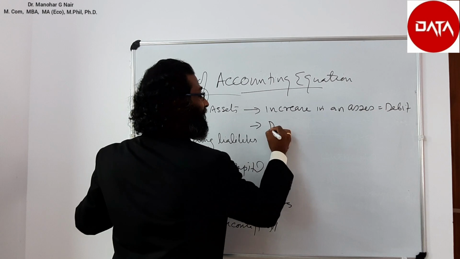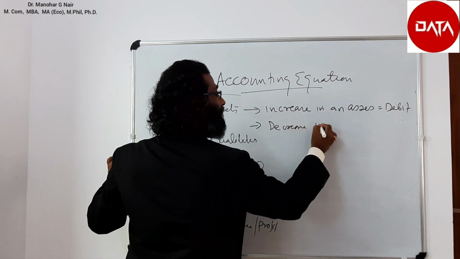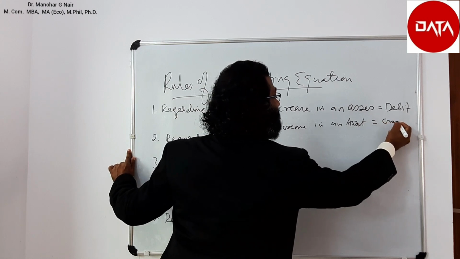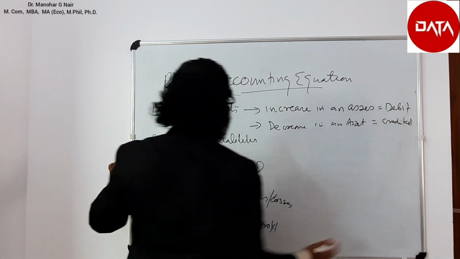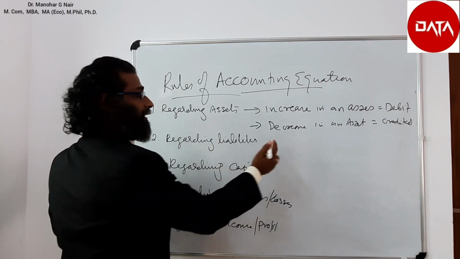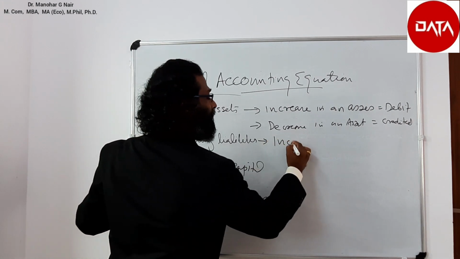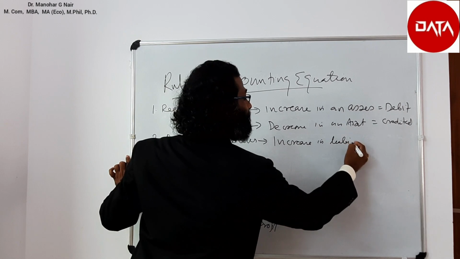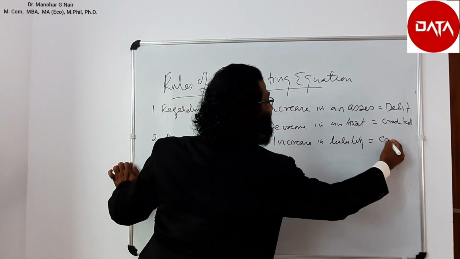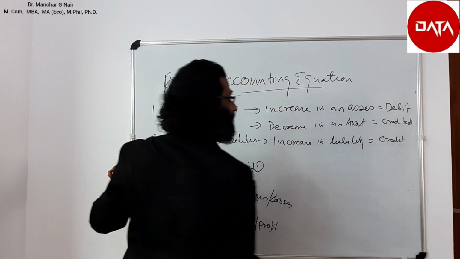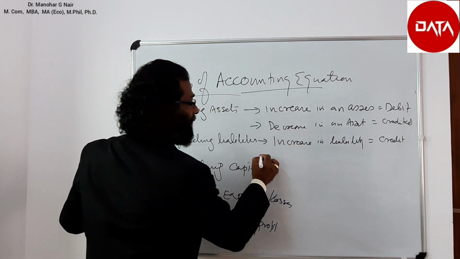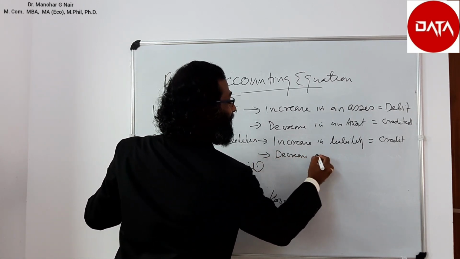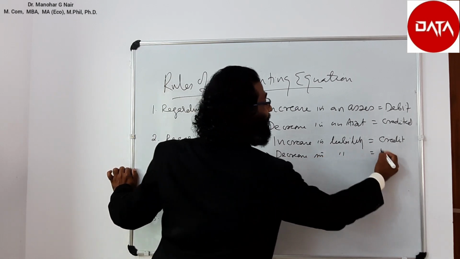Similarly, a decrease in an asset is to be credited. Similarly, regarding liability, an increase in liability is to be credited, it will show credit. Similarly, a decrease in liability, debit.